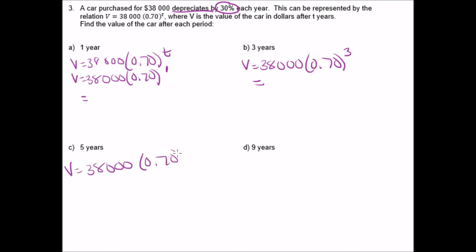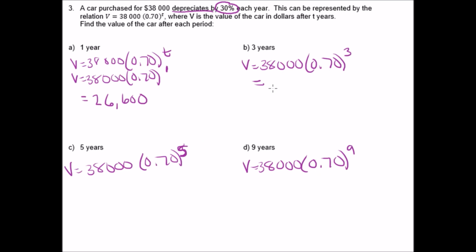I would write all of these down first, because then I only have to pick up my calculator once. My calculator holds the equation, so it's really easy to just override the exponent. So after 1 year, only $26,600, that's all your car's worth.